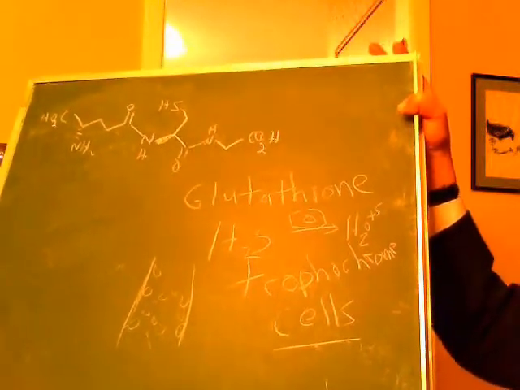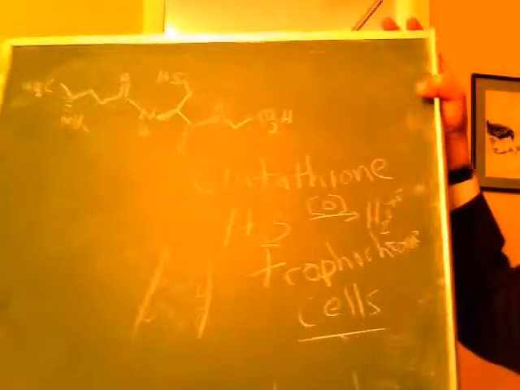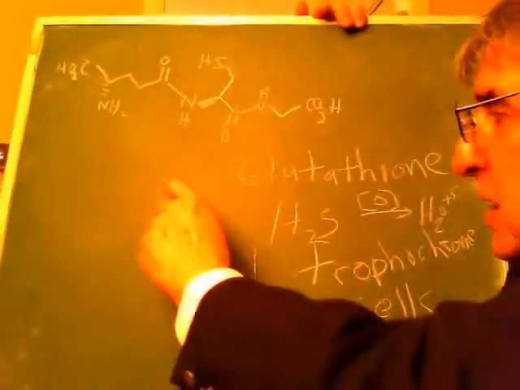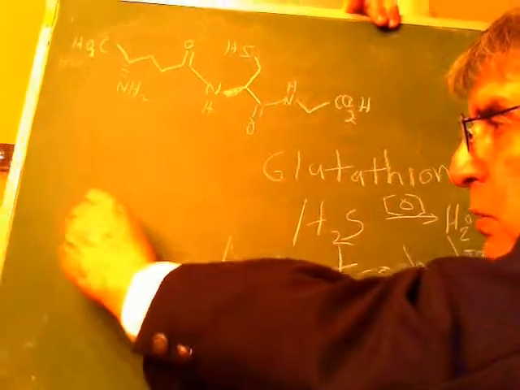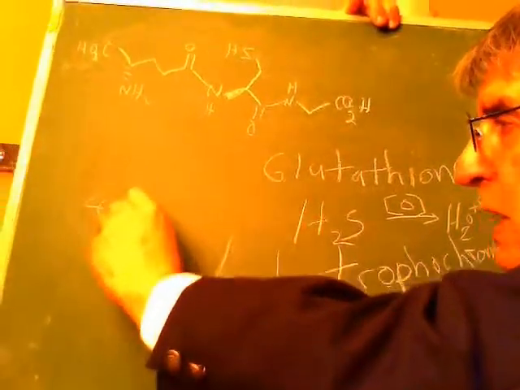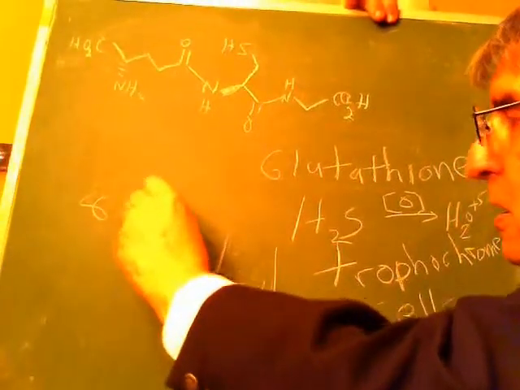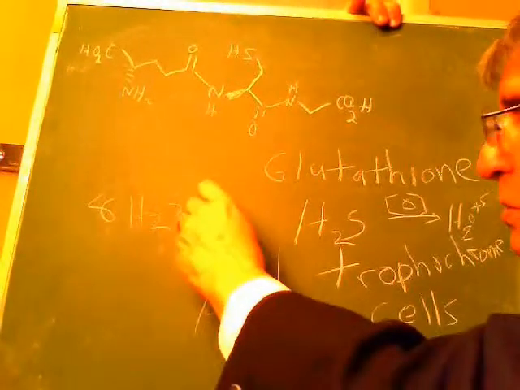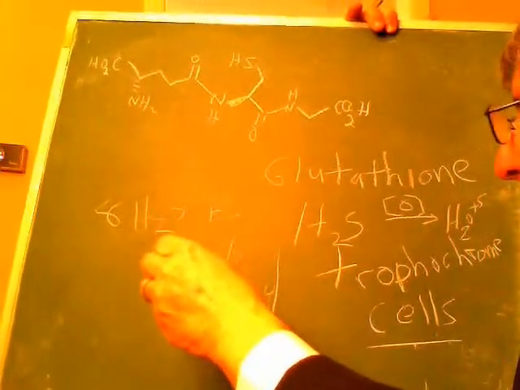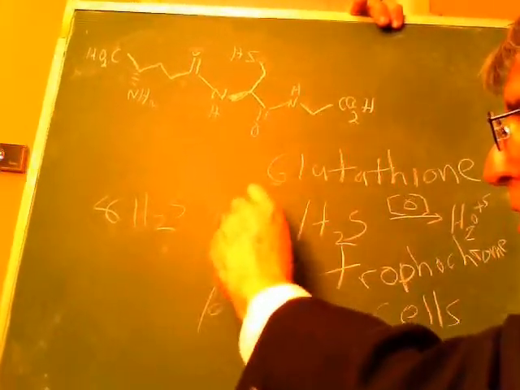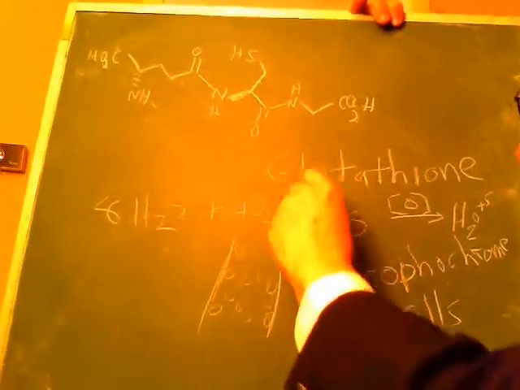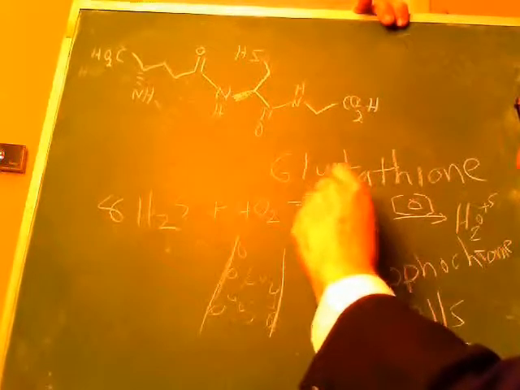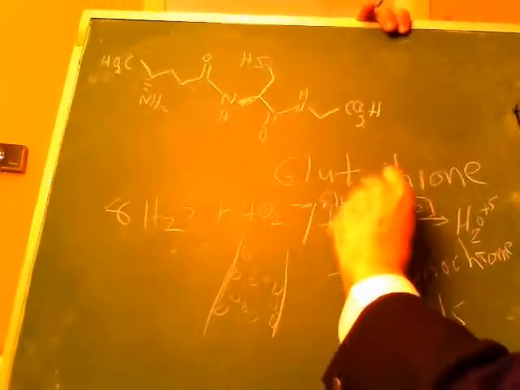If I really wanted to balance that appropriately, since sulfur is actually in the form S8, we would probably write 8 H2S plus, if I wanted to use molecular oxygen, 4 O2, and that would give me 8 H2O plus S8.